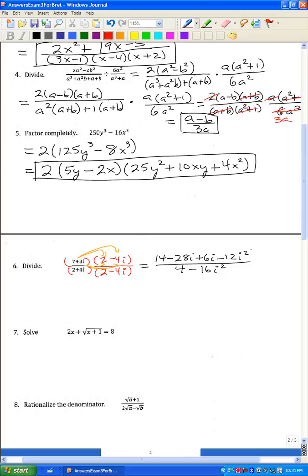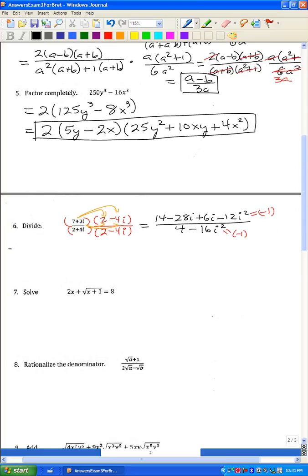Recall, i squared is negative 1. And so I get here 14. Negative 28i plus 6i is negative 22i.